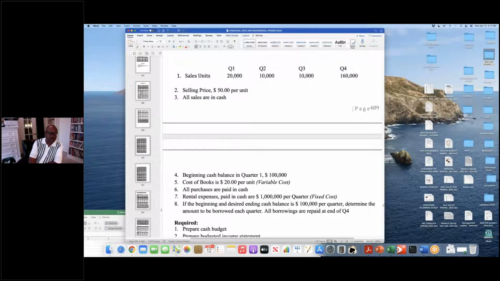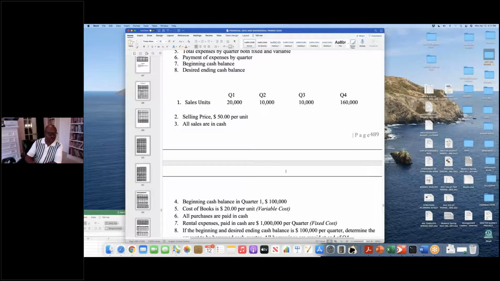And when we look at these assumptions, you can see that we sell 20,000 units quarter one, 20,000 in quarter two, 20,000 in quarter three, and as with most retail businesses, quarter four is when all the sales come in.